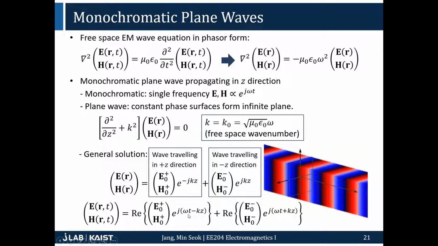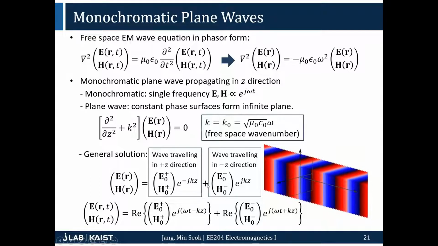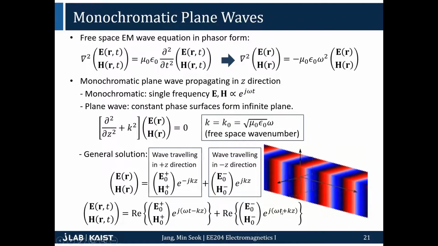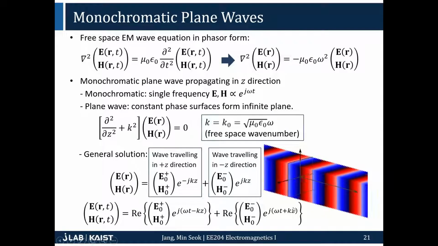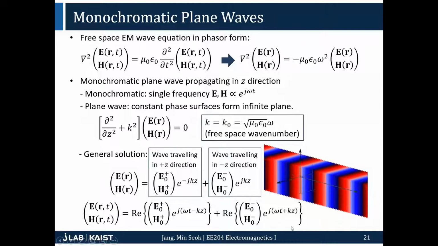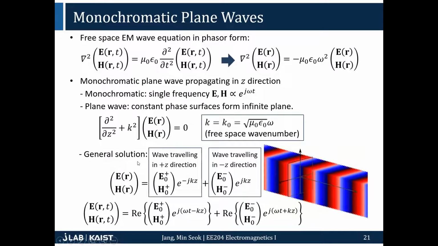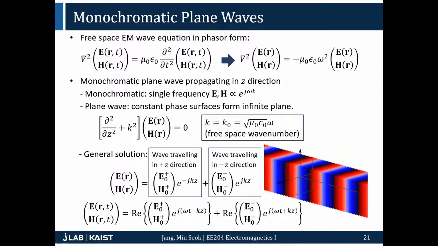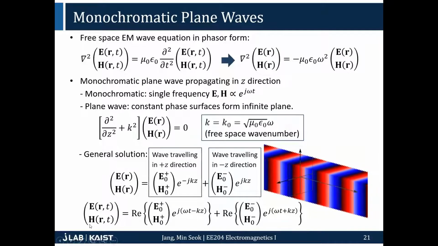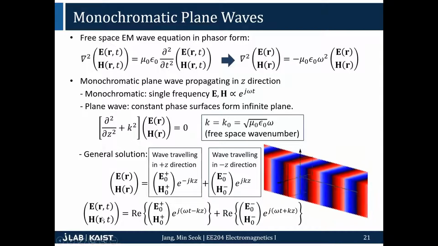So when time increases, for the first term z should also increase, but for the second term, when time t increases, z should decrease in order to keep the same phase. So this is the general solution for plane waves propagating along the z direction in phasor form and instantaneous form.